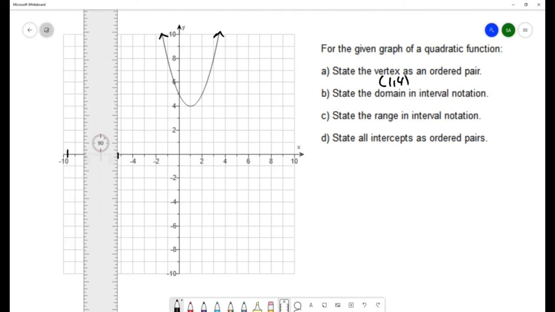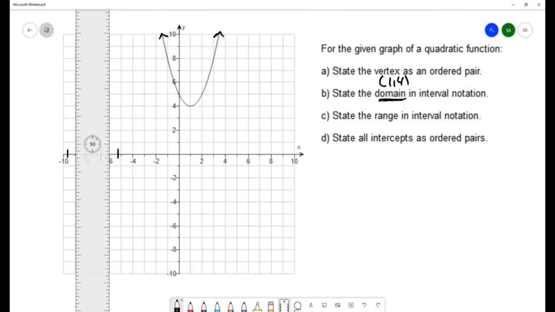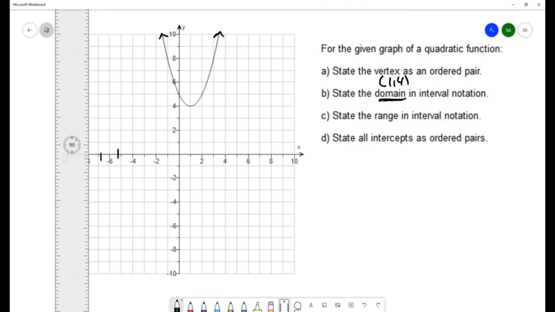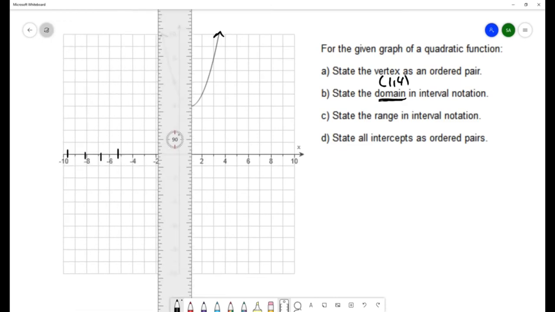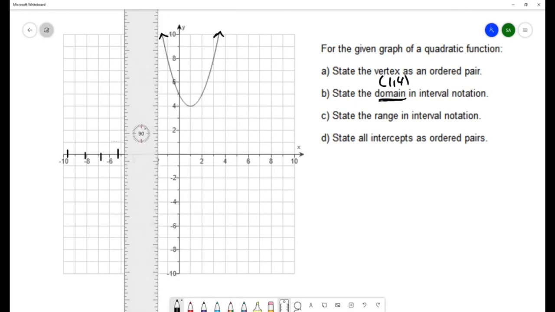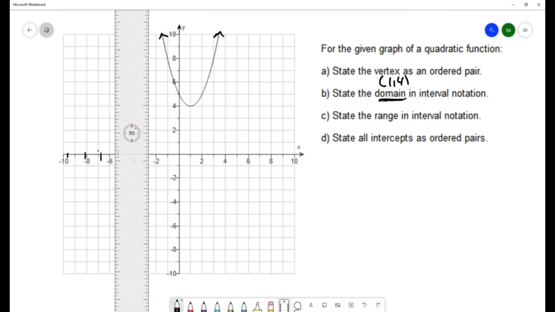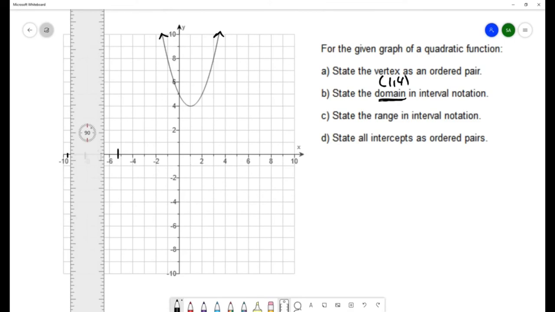And that's important because the x values are what makes up the domain of a function. So when I'm holding this ruler vertically, I'm going to sweep it from left to right and pay attention to when my ruler starts hitting the graph and when it stops hitting the graph.